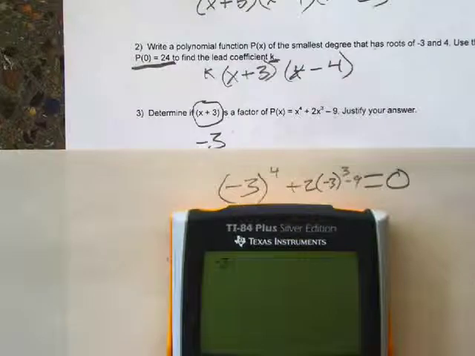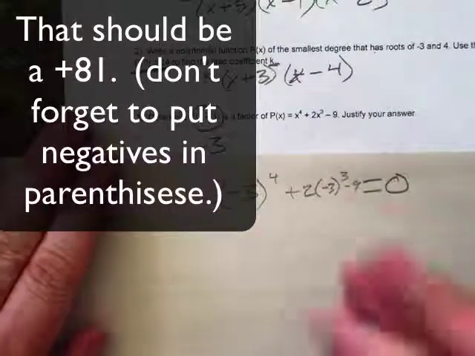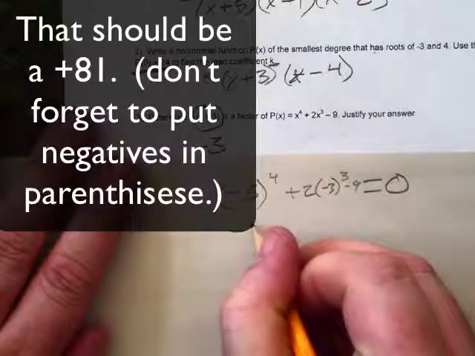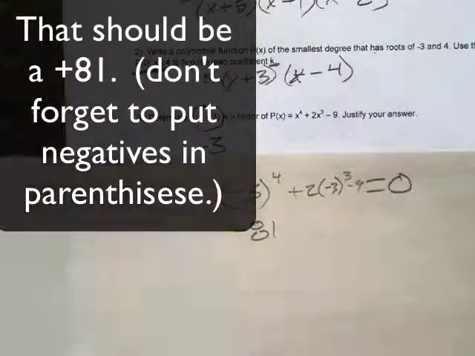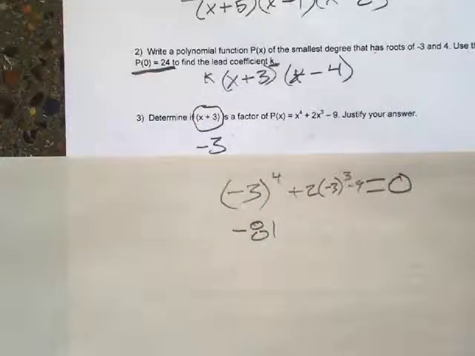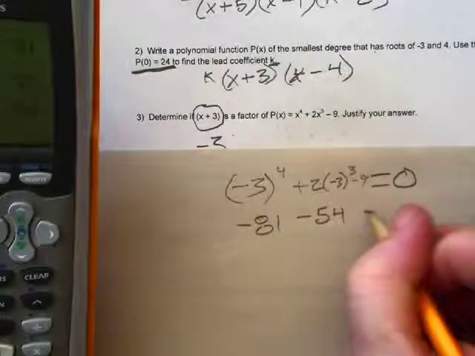Negative 3 raised to the 4th power is negative 81. So we have negative 81, and negative 3 raised to the 3rd power is negative 27 times 2 is negative 54, and then minus 9.